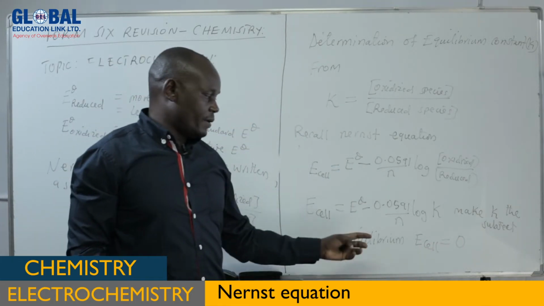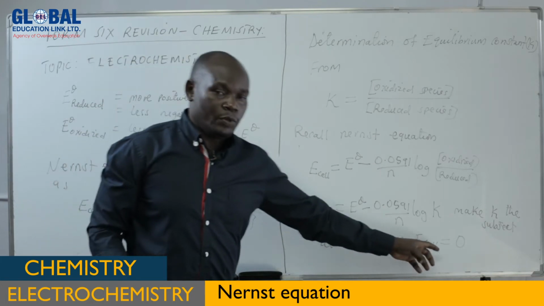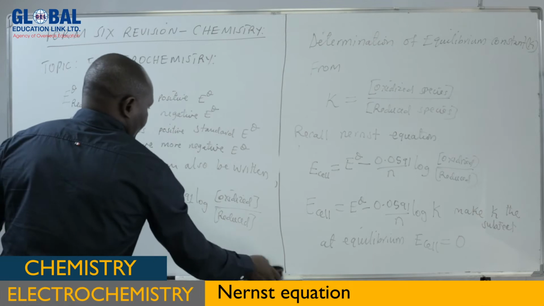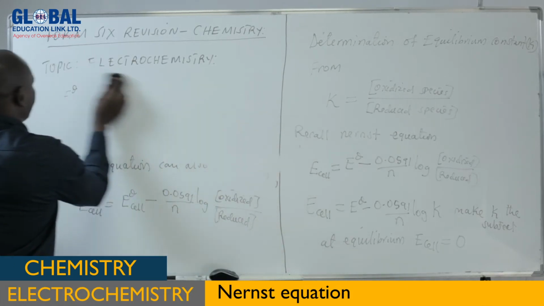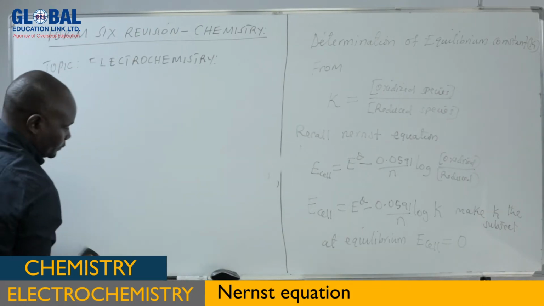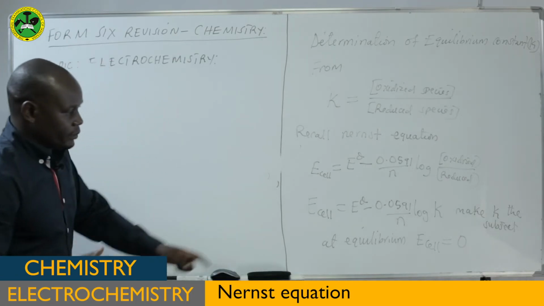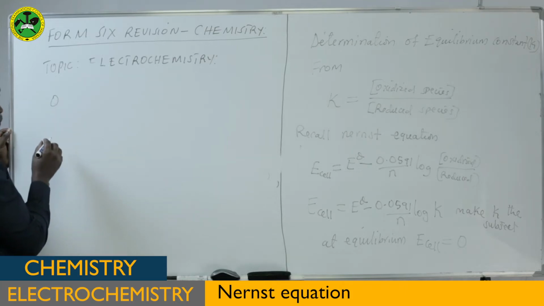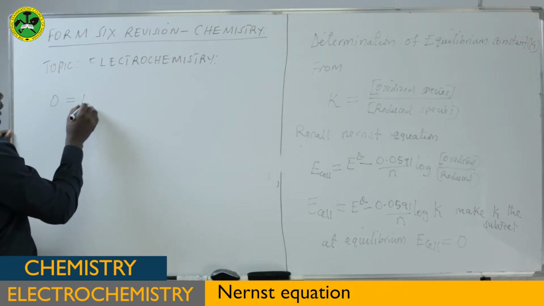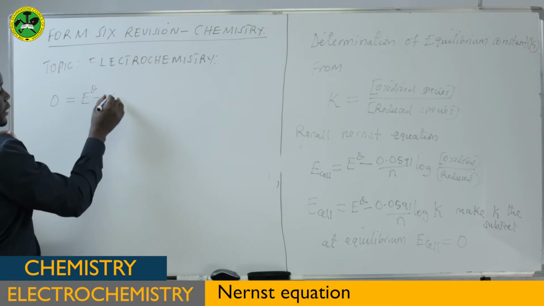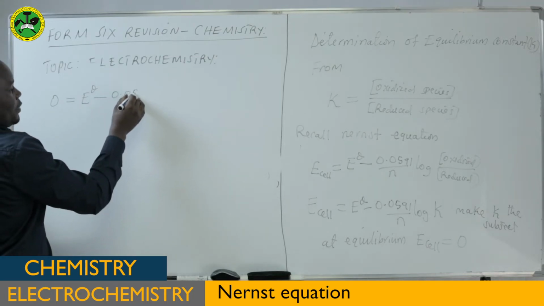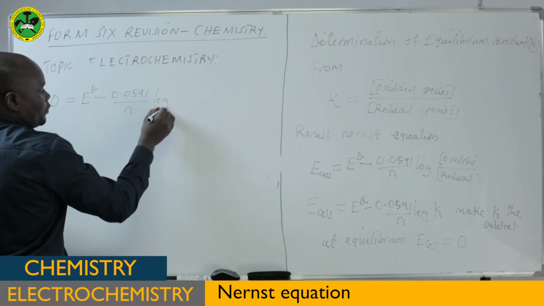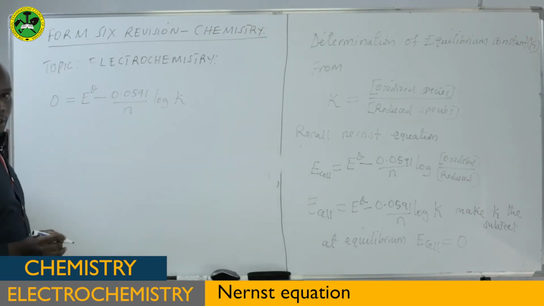So if we substitute 0 there, then E of the cell, which is 0 now, will be equal to the standard electrode potential minus 0.0591 divided by n, times log of K, which is the concentration.